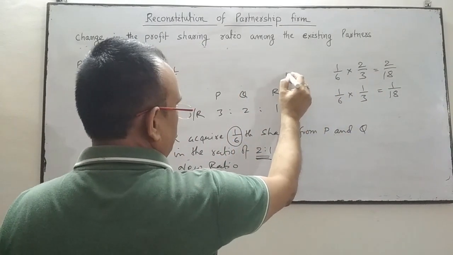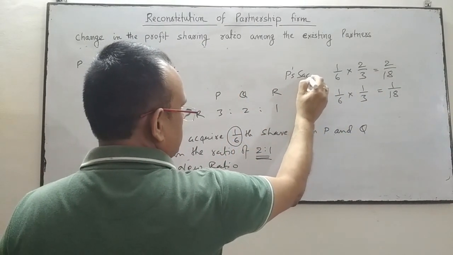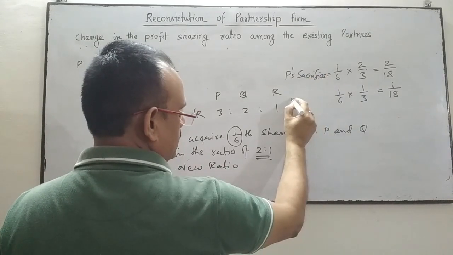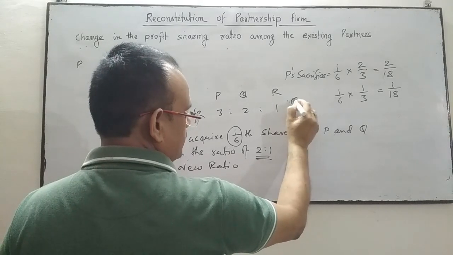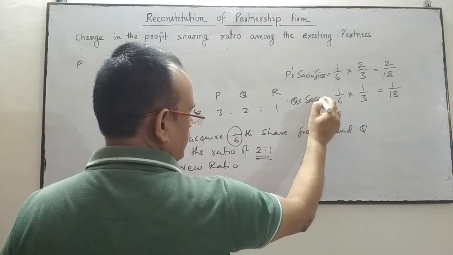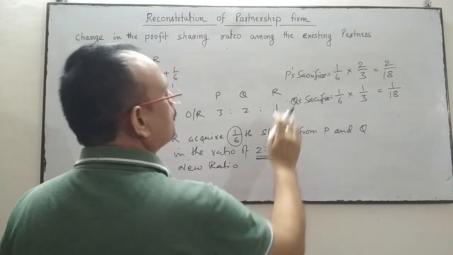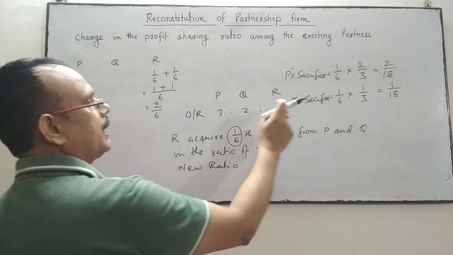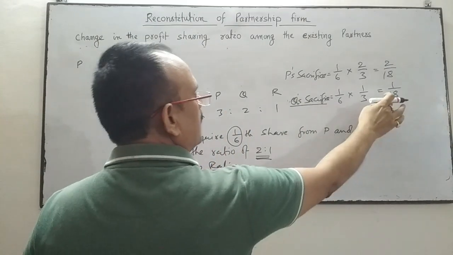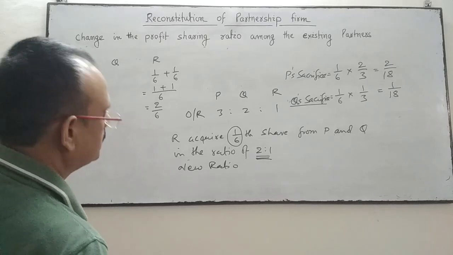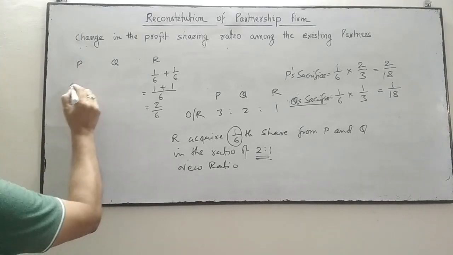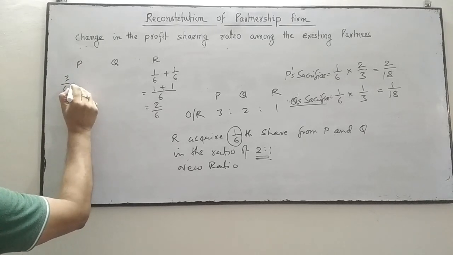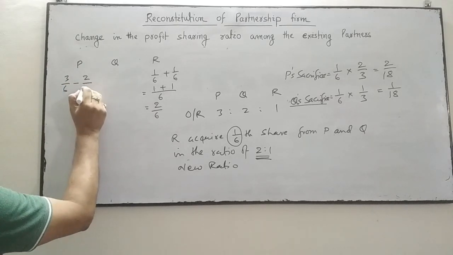So this is P's sacrifice and this is Q's sacrifice. P has sacrificed 2/18 in favor of R and Q sacrificed 1/18 in favor of R. So P's old share is 3/6 minus 2/18.